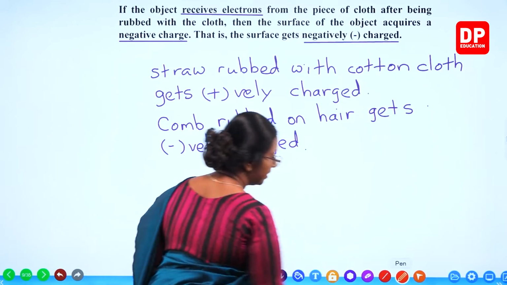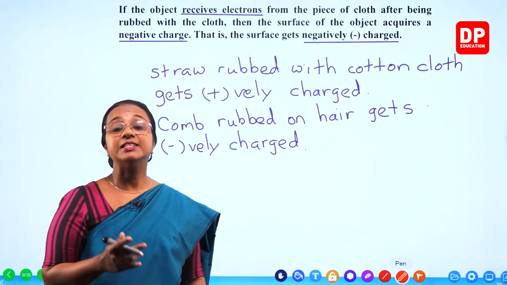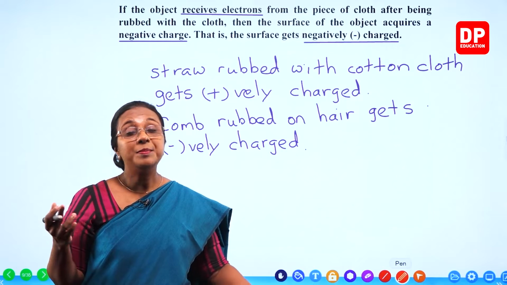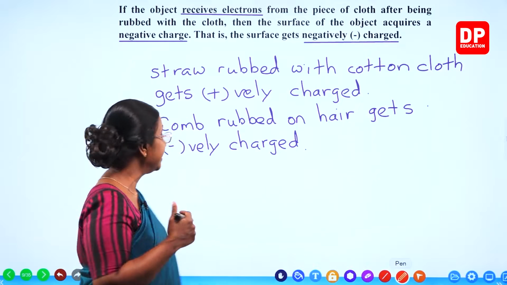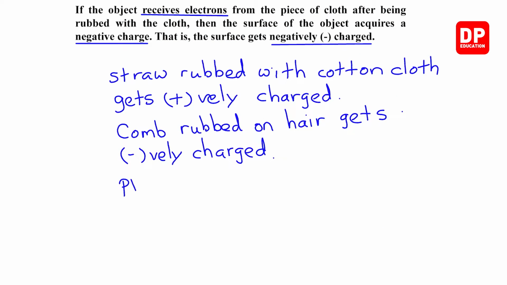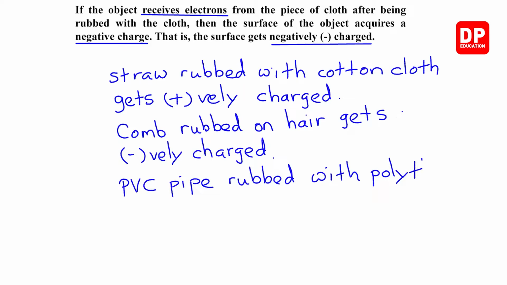Similar to this, you can think of other examples as well. A PVC pipe rubbed with polythene. You all have done this activity before. PVC pipe rubbed with polythene gets negatively charged.